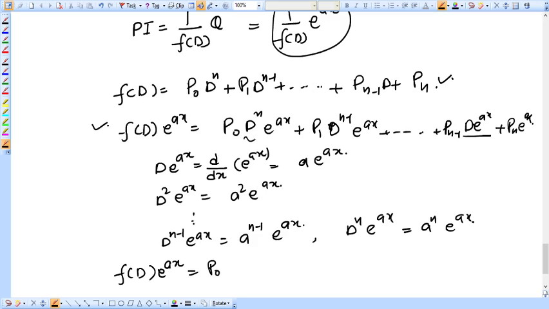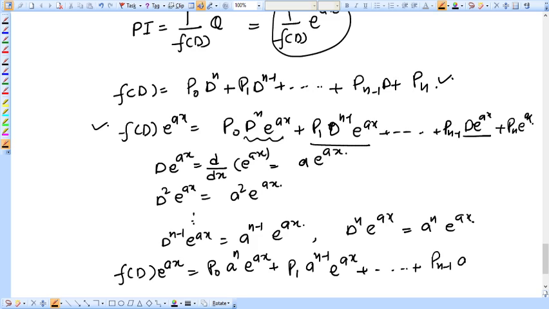Okay, instead of this we can write a to the power n e raised to power ax, and instead of this we can write a raised to power n minus 1 e raised to power ax, plus so on, and this is equal to p n minus 1 a e raised to power ax plus p n e raised to power ax. There is no differential operator here, so it would be same, right?